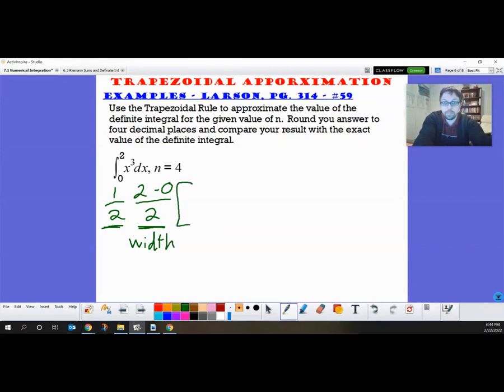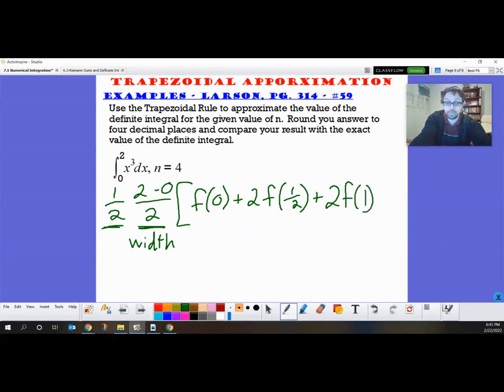That's going to be multiplied by, we need to evaluate the function at various places. The first one does not get a 1 because that one doesn't repeat. It's not reused. So our first value is going to be right at 0, plus we'll get 2 at our first thing that we're getting cut off at, f of 1/2. Plus another one, 2 at f of our next interval spot is going to be at 1 because we want our widths to be 1/2 each time.